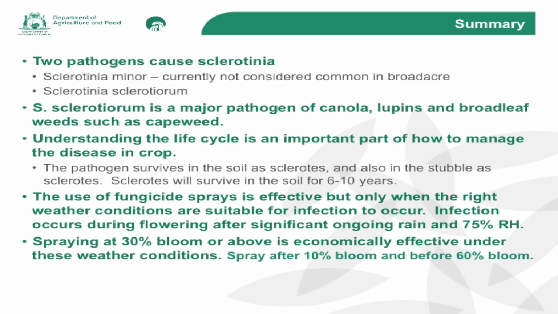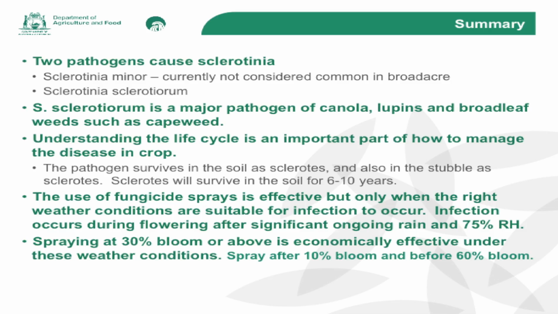So the use of fungicide is particularly relevant when infection occurs during flowering after significant ongoing rain and about 75% relative humidity. So Ravjit's found you need about 40 mils of rain before flowering for the disease to be a problem, but in the northern ag region this may not be quite that much needed.